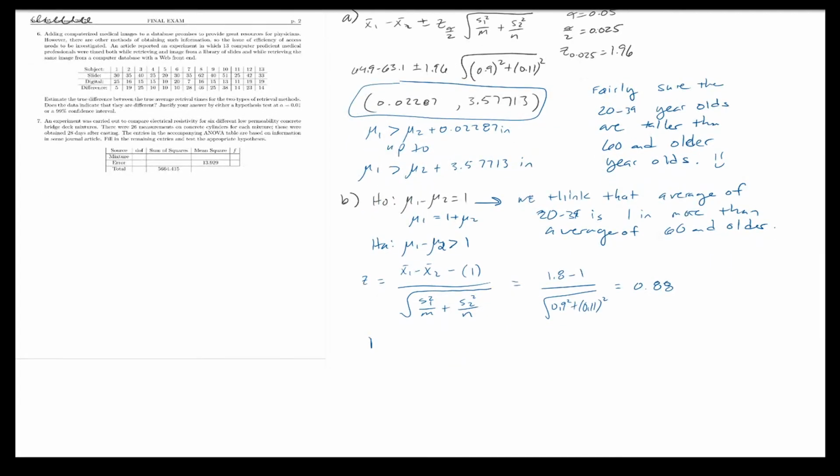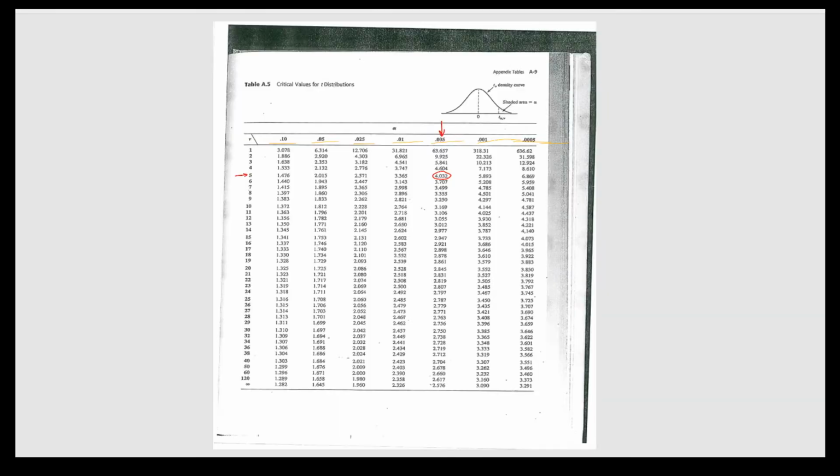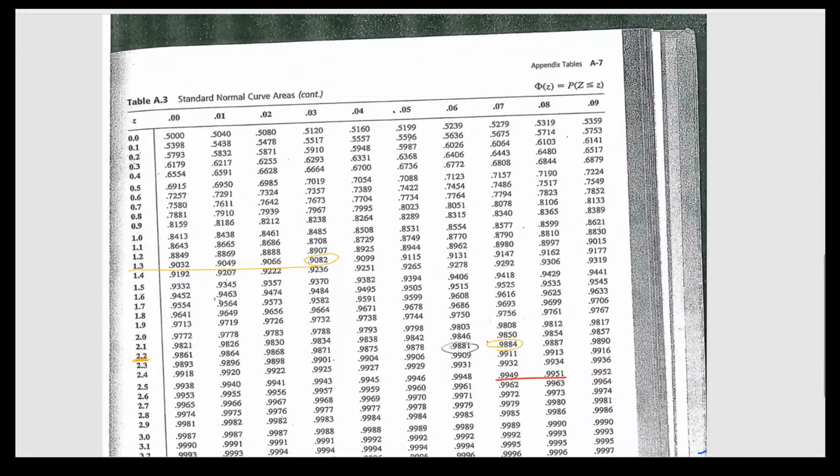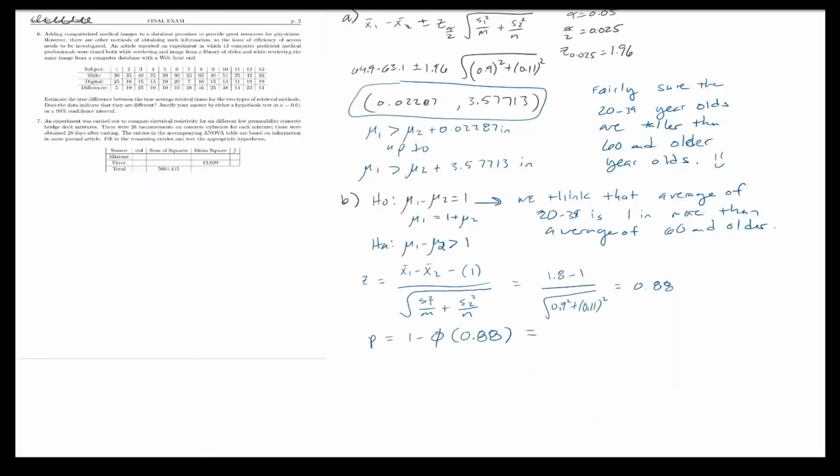So the p-value is going to be 1 minus phi of 0.88. So look it up on our chart. Go to the Z table and we go to 0.88. 0.88 is right here, so 0.8106. So 1 minus 0.8106 is 0.1894.